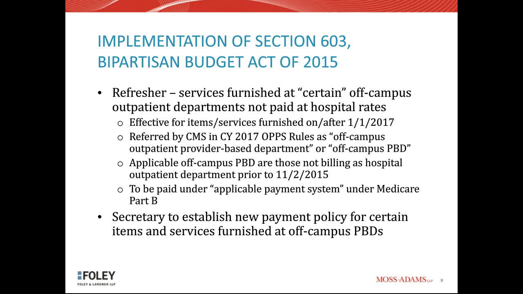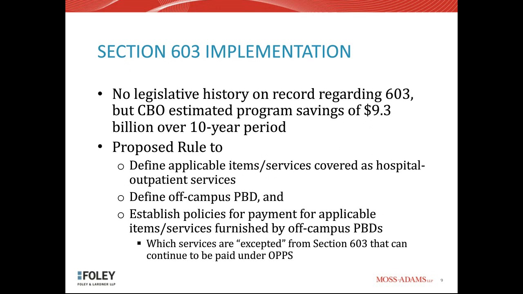So implementation: CMS indicated there's no legislative history on record regarding Section 603, but the Congressional Budget Office estimated a program savings of $9.3 billion over 10 years. How they came up with the $9.3 billion, we don't know.